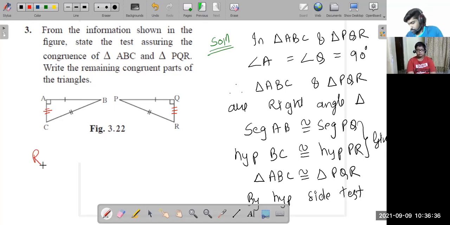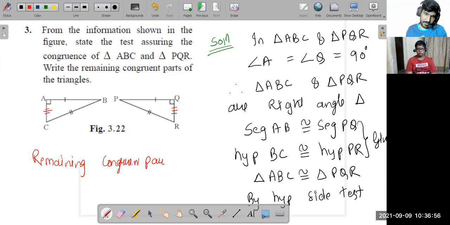So I'll write here remaining congruent part. From there, first is the side AC congruent to side QR.